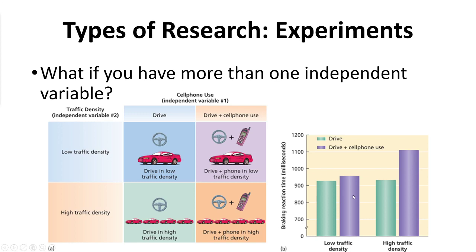And so the fact that there's no difference between the two groups here, but there is a difference in this condition, tells us that there's an interaction between our two different independent variables. So you can extrapolate this and start looking at 2, 3, 4, 100 independent variables. It just gets more and more complicated as you get more and more of them.